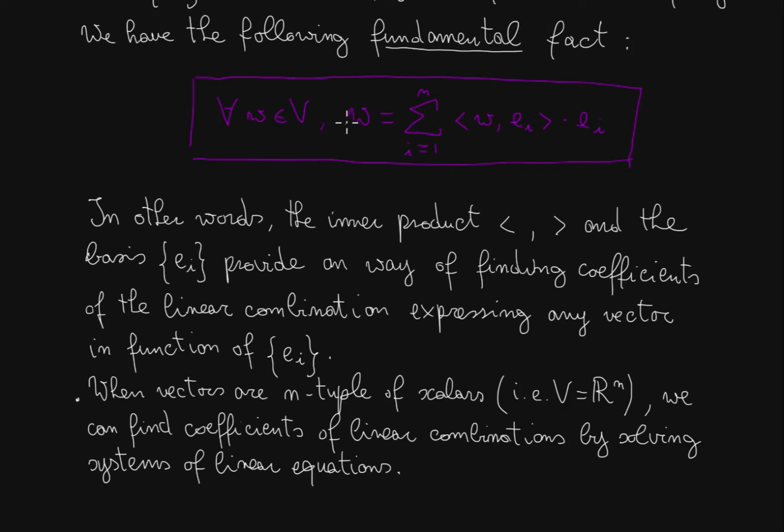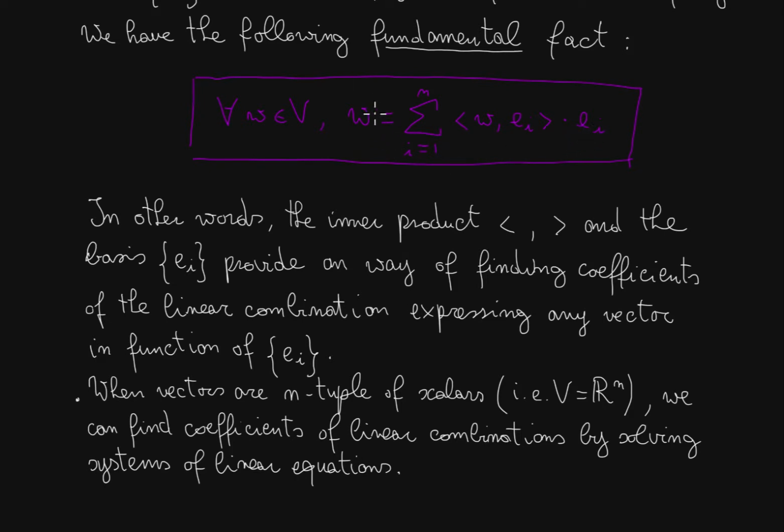This is a vector, and as an element of R^n, it is an n-tuple of scalars. These are also n-tuples of scalars, and this equation between this vector and this combination, each of these multiplied by a scalar, can be solved by solving a system of linear equations, one equation for each coefficient of these vectors.